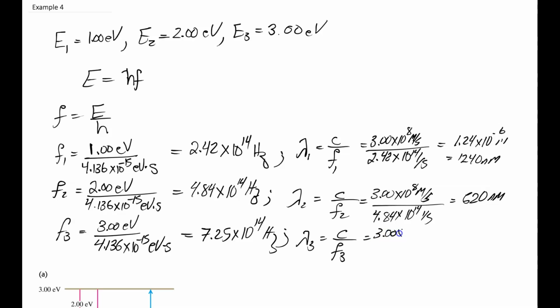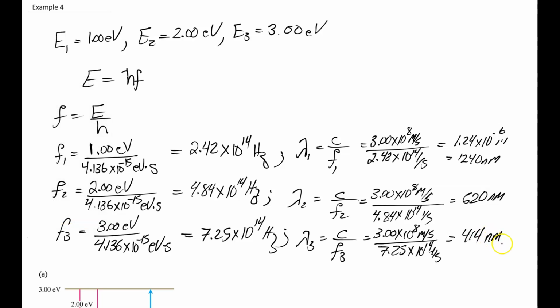Again, plugging in the values, we get a wavelength of 414 nanometers.